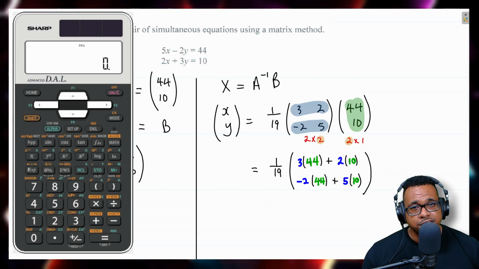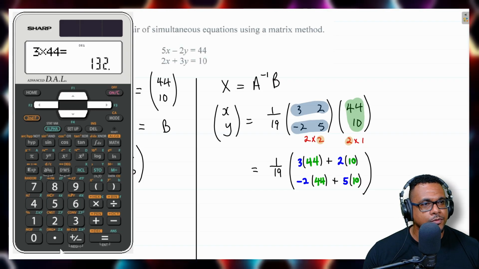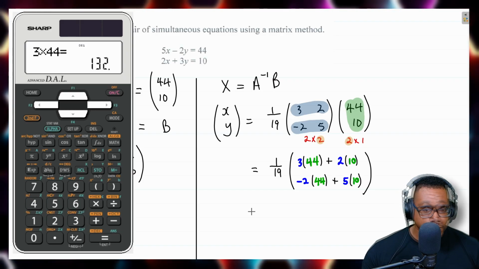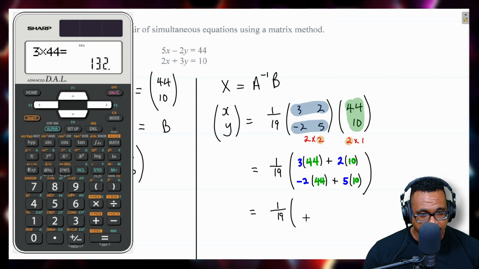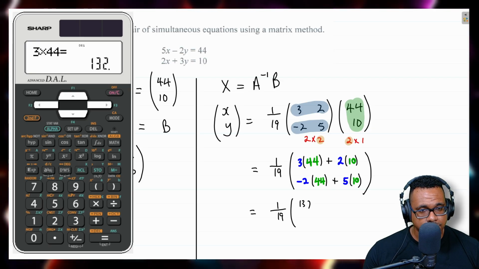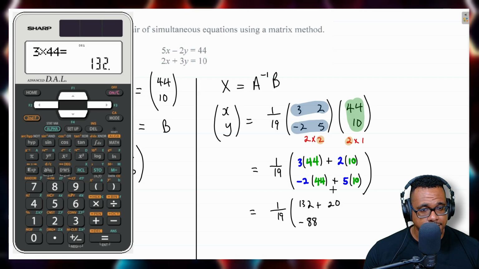So let's work out that 3 times 44. 3 times 44 is equal to 132. So you're going to have 1 over 19 times 132 plus 2 times 10, which is 20. Negative 2 times 44 is negative 88, plus 5 times 10 is 50.